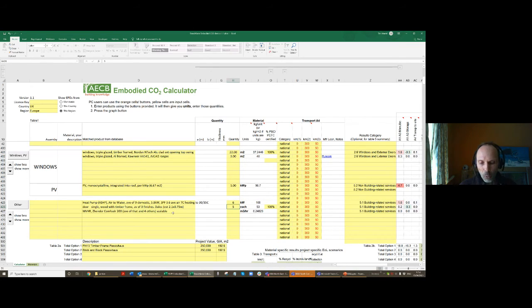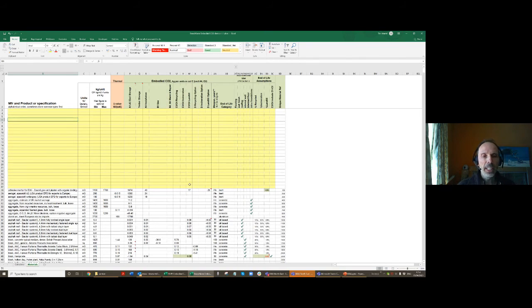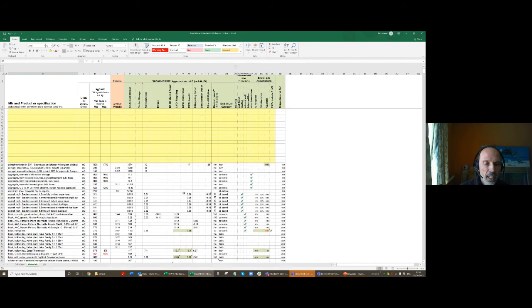To get all the other phases, B and C, what you really need is to have more detailed information which covers those, and you can only get that from EPDs. There are a lot of EPDs out. This has entered about, well, let's see, somewhere between 200 and 300 of them. And so it contains all the materials in here.